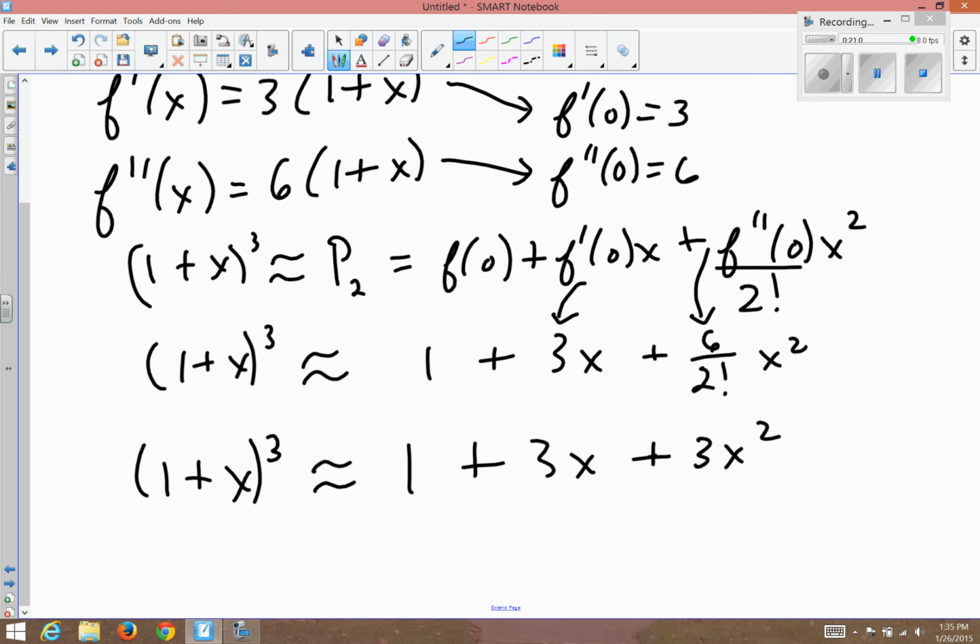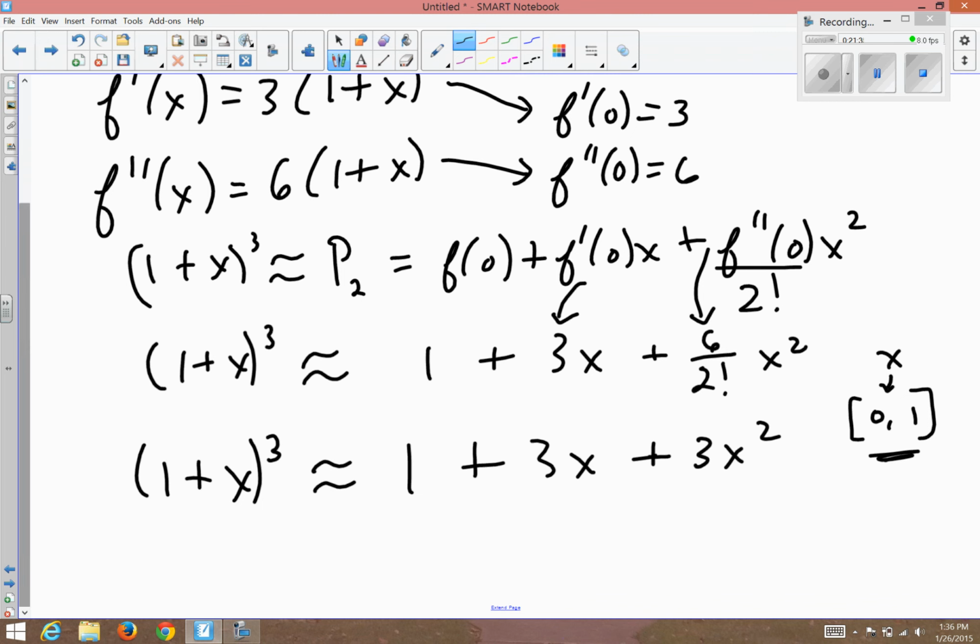Now the directions are: if x is between 0 and 1, for what values of x in that interval will the magnitude of the error be less than 1/100th?